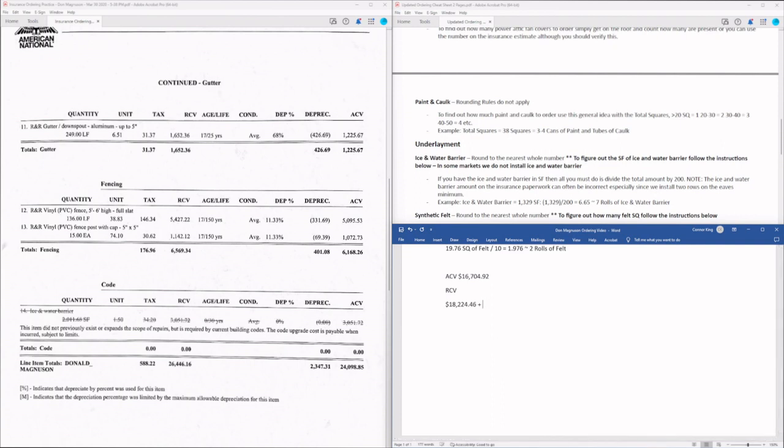So then we're going to add this $3,051.72. And we're going to explain that to the homeowner so he understands where we're getting that number. And that's going to get us $21,276.18. So that's going to be our RCV.